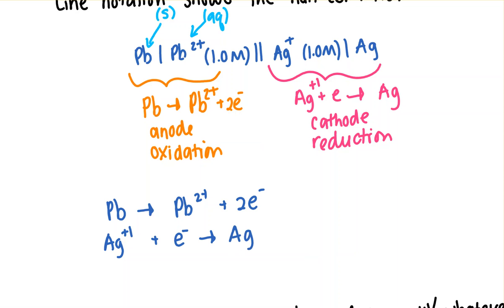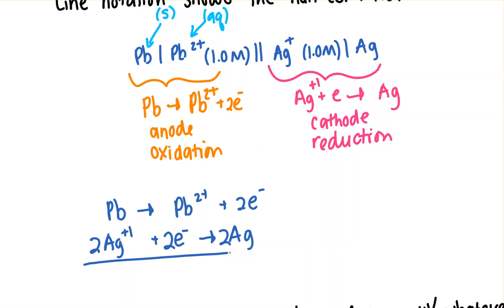And then I can see that I don't have the same number of electrons in both cases. So I'm going to need 2 of this bottom one so that we have all the electrons balanced. In other words, so that lead is giving off the same number of electrons that silver is taking up. So I'm just going to double this bottom one.